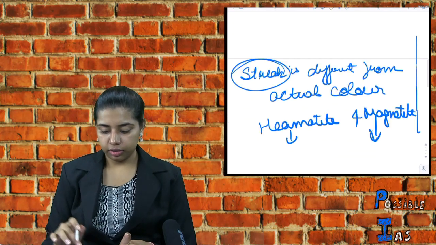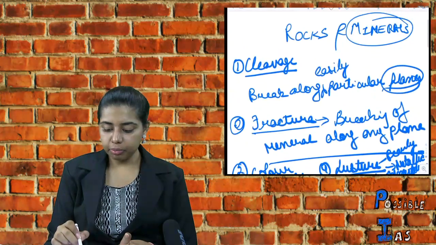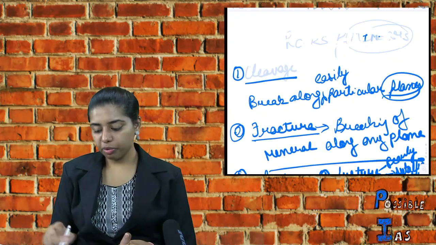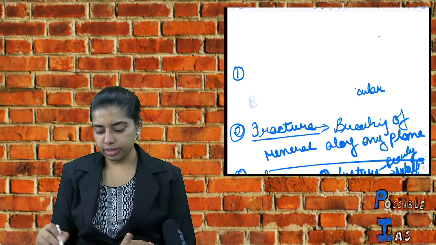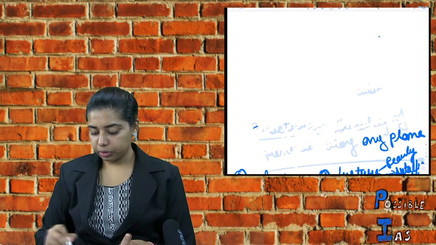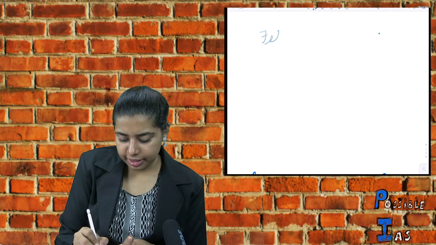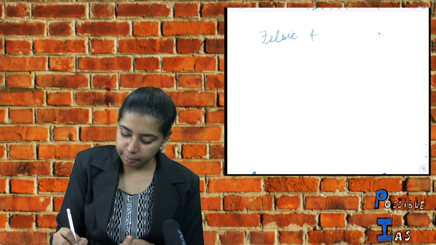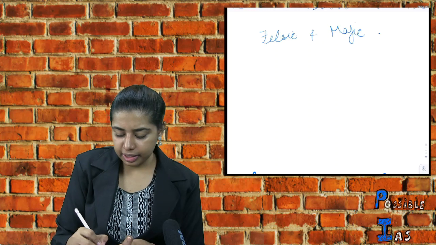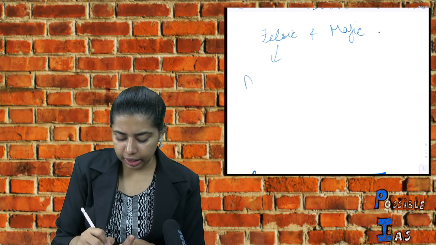Now, what are the most common minerals? Before we go to that, there is another concept that I would like to share, and that is the concept of felsic and mafic. Mafic minerals are dark colored minerals.